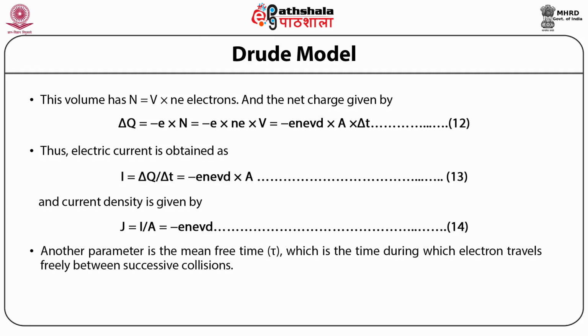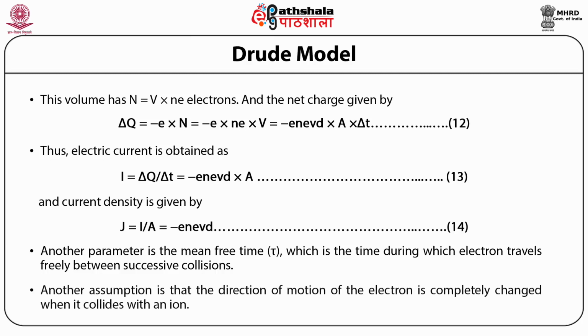Another parameter is the mean free time, tau, which is the time during which an electron travels freely between successive collisions. The Drude model assumes this time to be independent of the velocity or position of the electrons. Another assumption is that the direction of motion of the electron is completely changed when it collides with an ion.